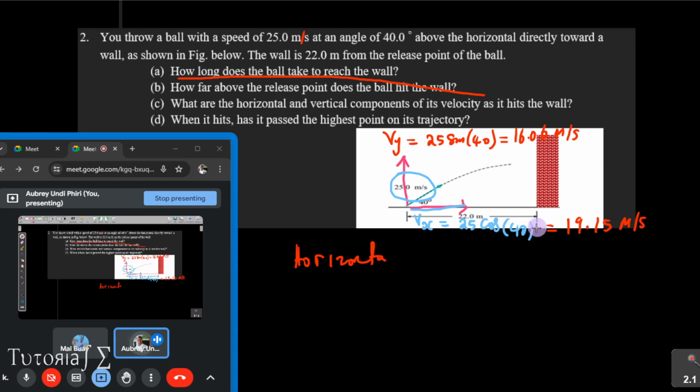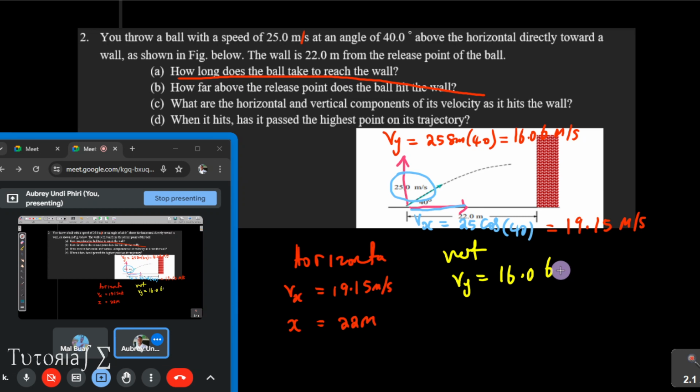Here we just need to put horizontal details alone. In the horizontal, we have velocity in the x, which is 19.15 meters per second. We also have the displacement in the x, which is 22 meters. In the vertical, we only have the velocity in the vertical, Vy, which is 16.06 meters per second.